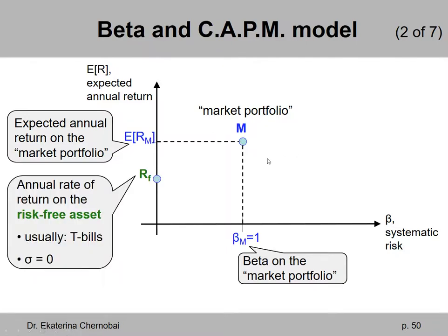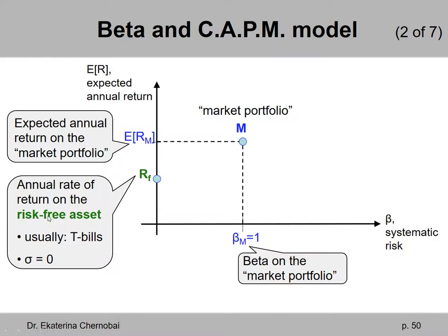Then there is one more important point, R subscript lowercase f, R_f, the return on the risk-free asset. From our last chapter, chapter 12, the risk-free asset was the short-term government bonds known as treasury bills or T-bills.